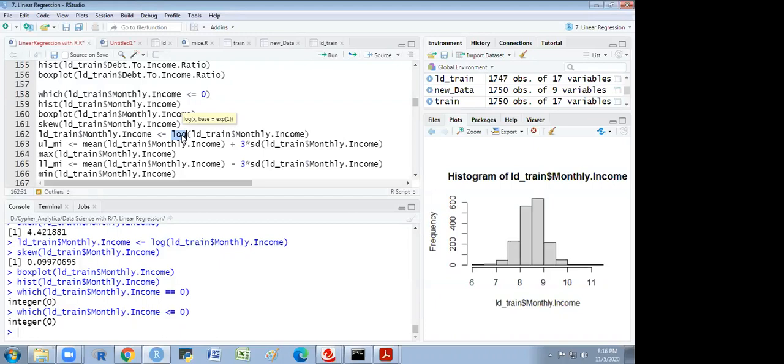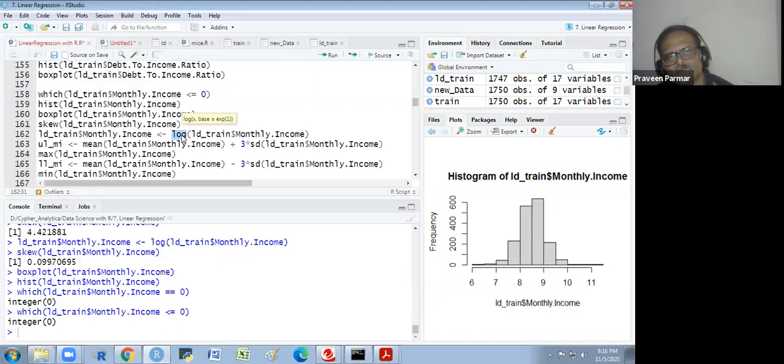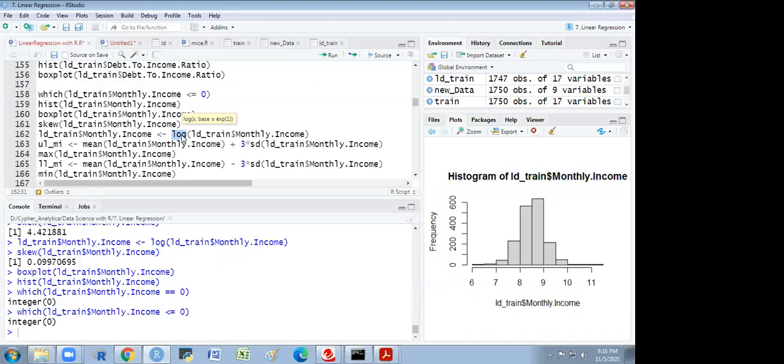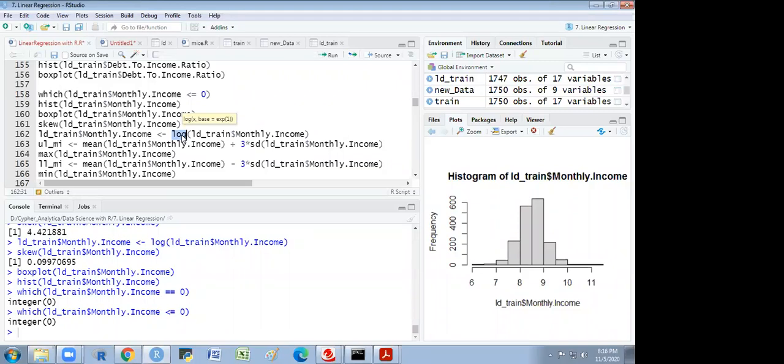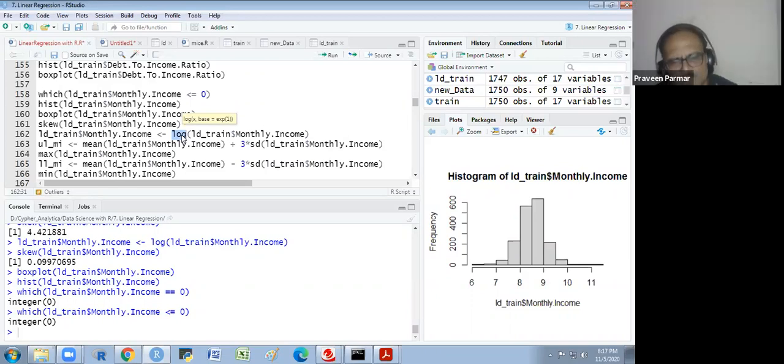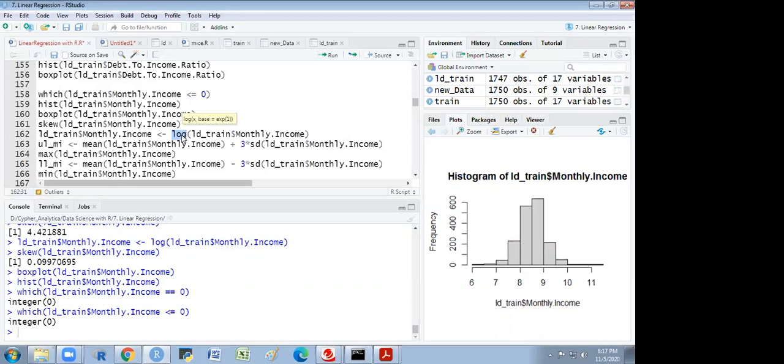If the value is close to 0, like I was recently working on a data set where the values were around 0.23. What I understand is that I can't take a log of that, because after taking the log, since it was close to 0, the values became negative.